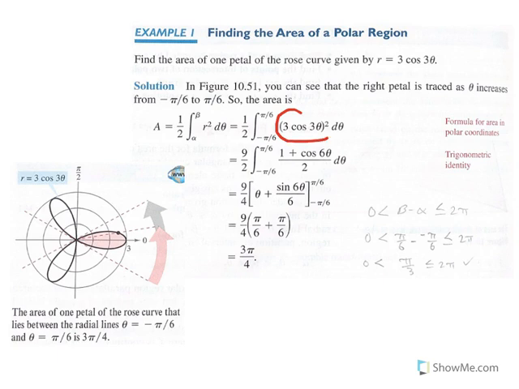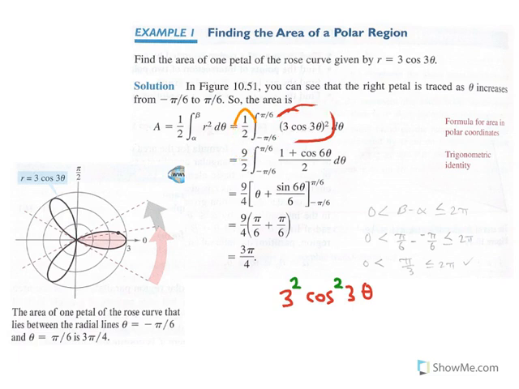So the first thing that you want to do is go ahead and square the polar equation. So you have 3 times cosine of 3 theta, and you're squaring that. So you can distribute the exponent to the 3 and then to the cosine. That would leave you with 3 squared, which is 9. And you can see that we factored out the 9, so that now it is outside, giving us 9 times 1/2, which is 9 over 2.